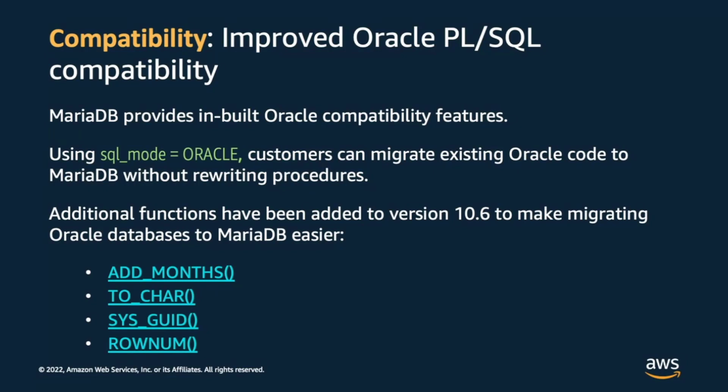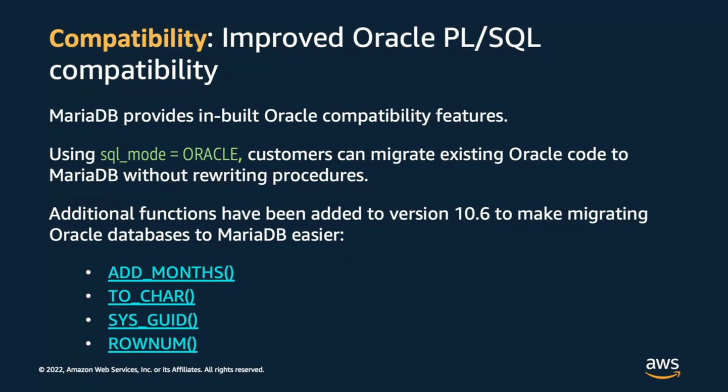And the next one is sysguid, is a Oracle function, which is similar to UID function in MariaDB, which is universally unique identifier. And row number is another function that returns a number for each row extracted from a query. So all these functions are available in MariaDB 10.6.